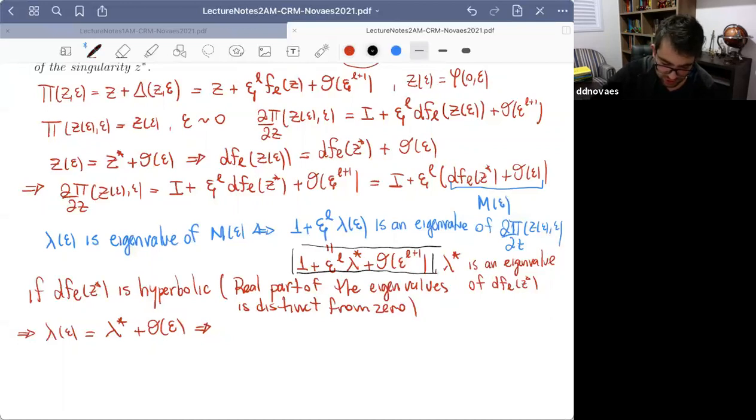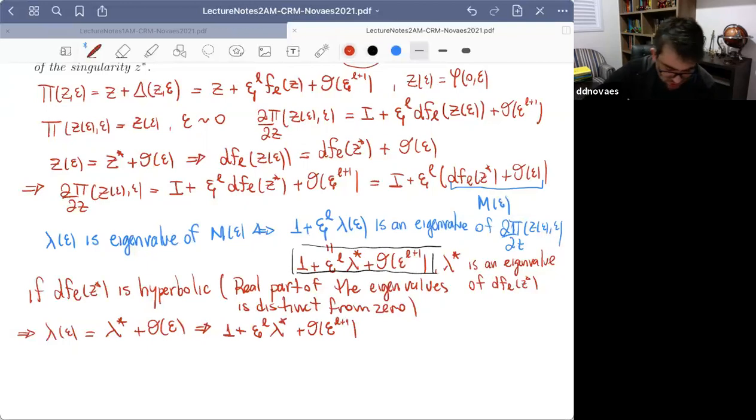Okay, in this situation, the eigenvalue of the derivative of the Poincaré half map is given by 1 plus epsilon L lambda star plus order epsilon L plus 1.